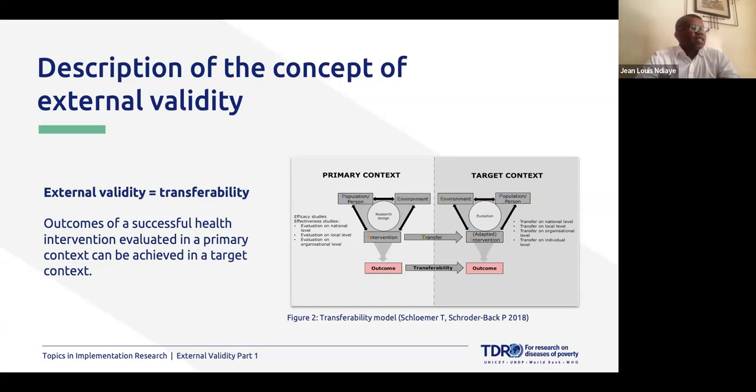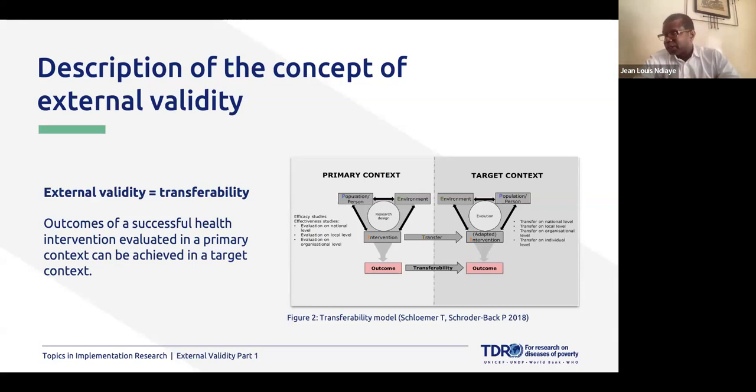It does this by collecting information on three constructs: the population, meaning the person, the environment, and the intervention, and how these three interact among each other to produce the outcome at a particular level.